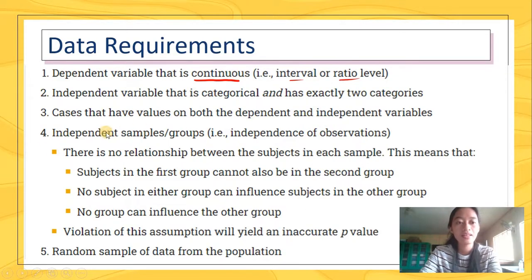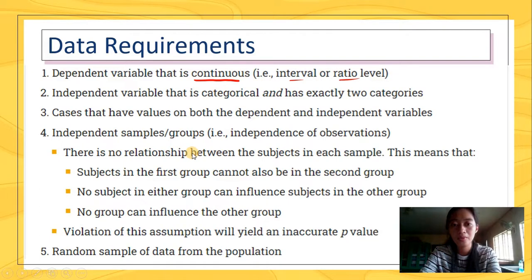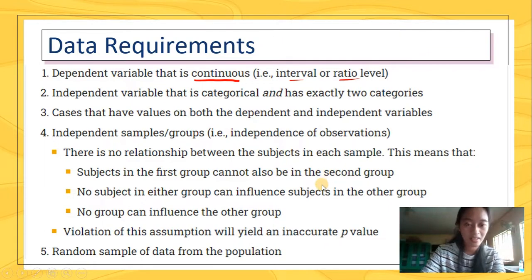Number 4, independent samples or groups, that is independence of observations. What is that? So there is no relationship between the subjects in each sample. So wala siya gisumpay, wala ni siya gi-pre-test, post-test na pod, and so on. So they are independent.